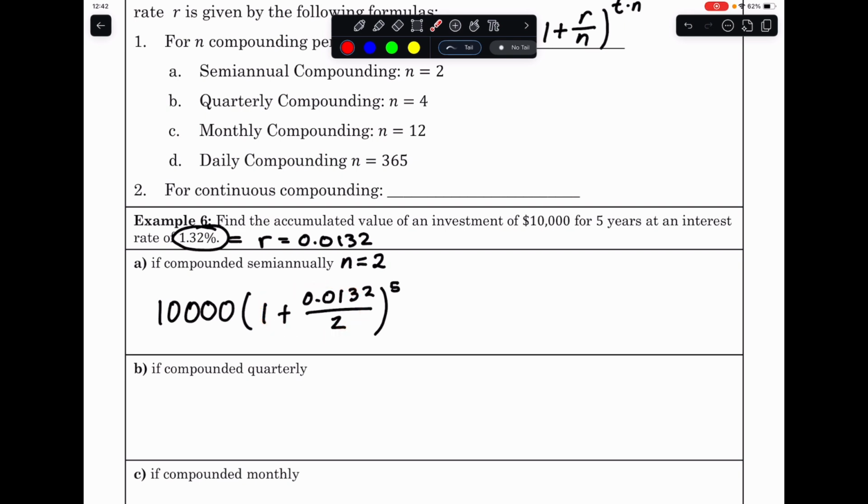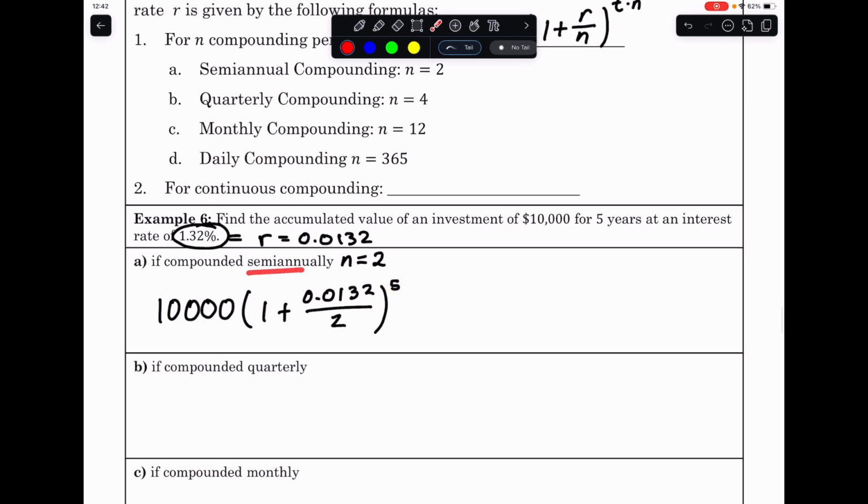Now this is going to happen for a total of 5 years, so I'm going to do this 5 times. But since each year is being compounded semi-annually, twice in a year, I'm earning interest every 6 months, so I'm going to raise this to 5 times 2.